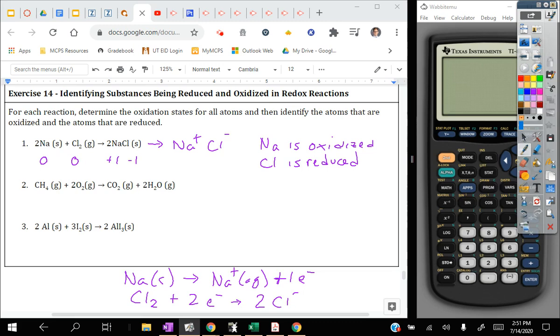We'll talk about how to balance these half reactions in another lesson when we get to electrochemistry. But that is a little teaser so you understand what I mean by electrons being lost or gained. Here, an electron is lost, which means it's a product. Here, an electron is gained, so it is a reactant.